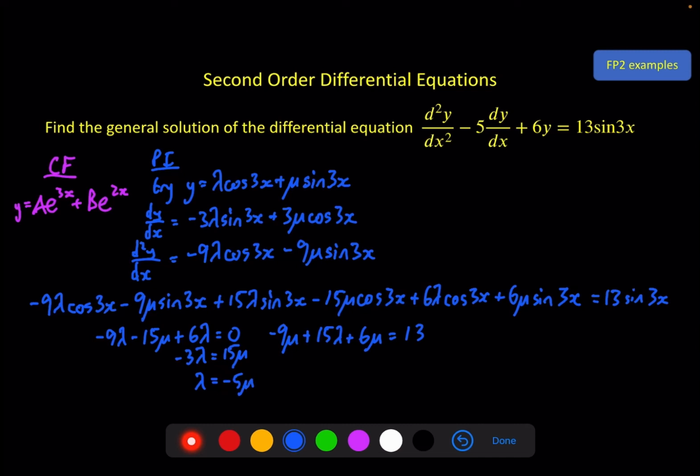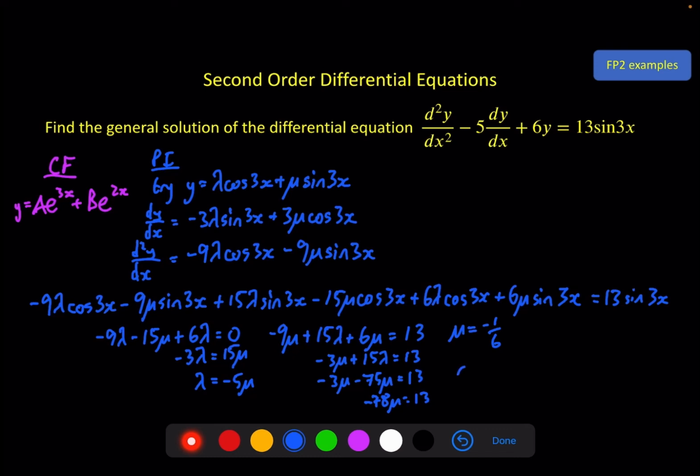Over here we've got minus 3μ plus 15λ equals 13, and now we know λ is equal to minus 5μ. That gives us minus 3μ minus 75μ equals 13, minus 78μ equals 13, and that divides nicely to give μ equals minus 1/6.